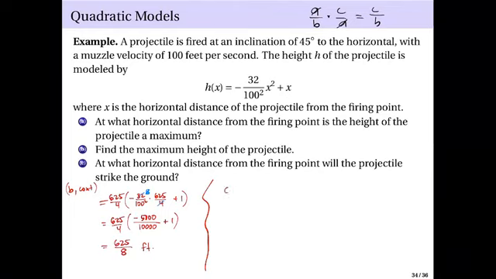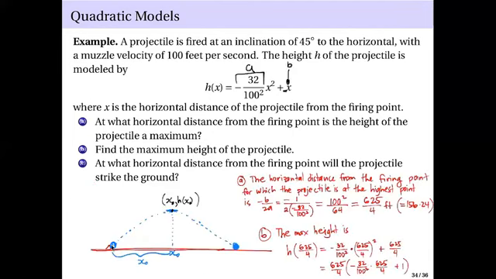And then for letter C, at what horizontal distance from the firing point will the projectile strike the ground? So if we go back to our illustration here, from here it will rise and then fall, and eventually the projectile will reach the ground. So for letter C, the question is, what is this distance?